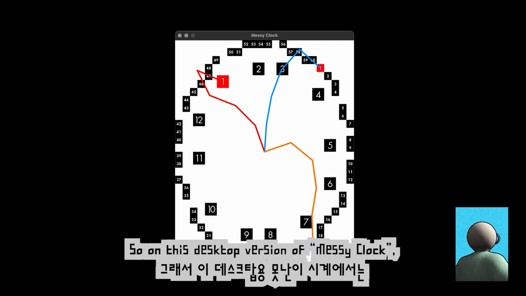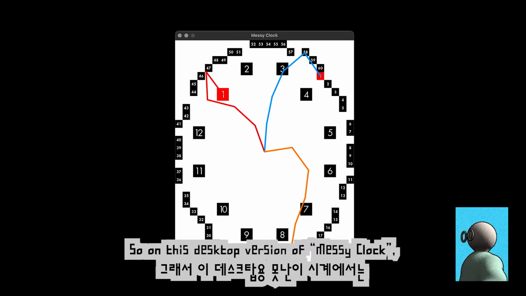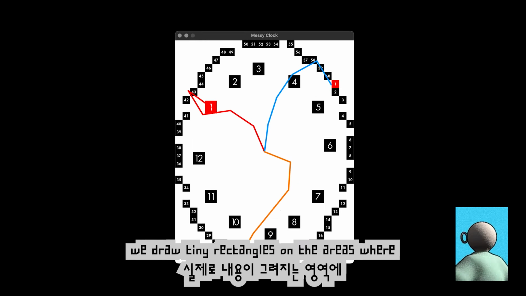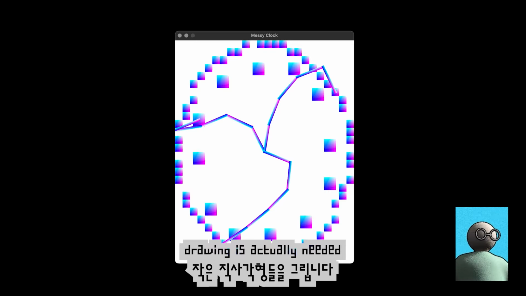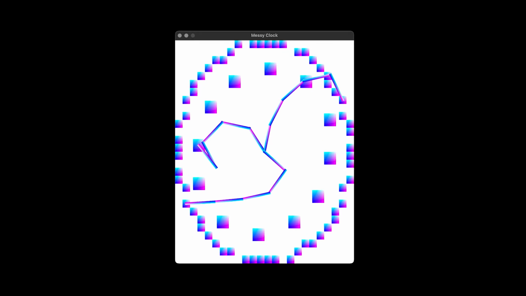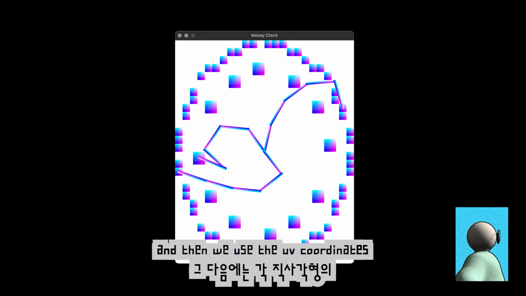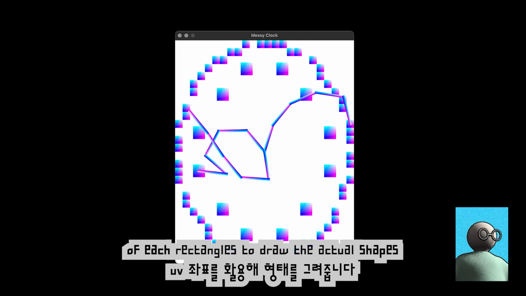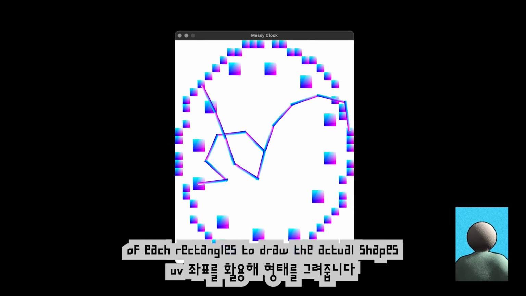So on this desktop version of Messy Clock, we draw tiny rectangles on the areas where drawing is actually needed. And then we use the UV coordinates of each rectangle to draw the actual shapes.